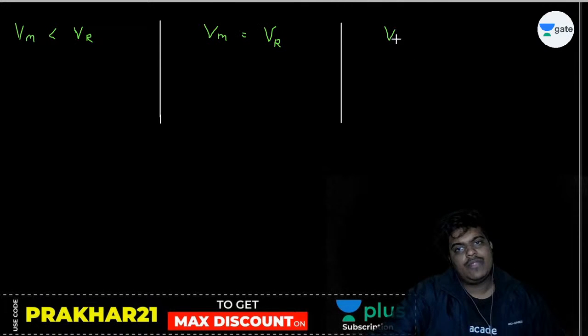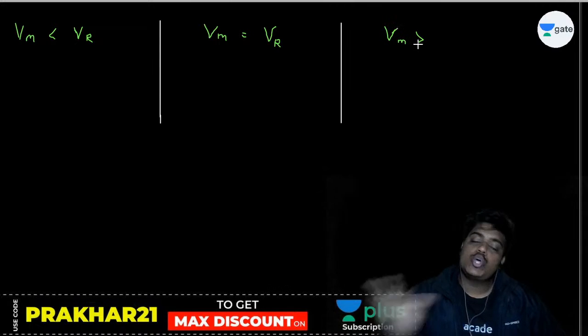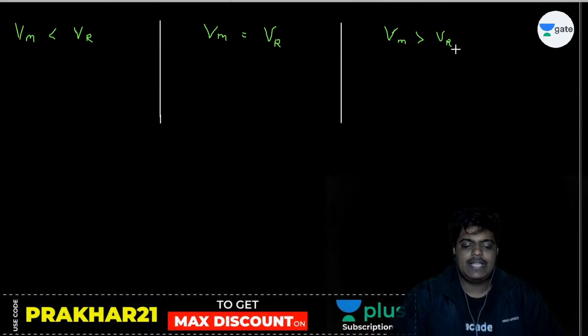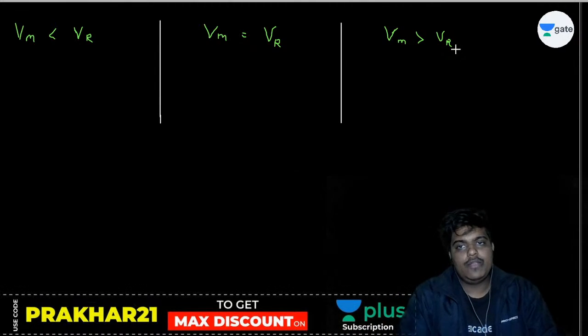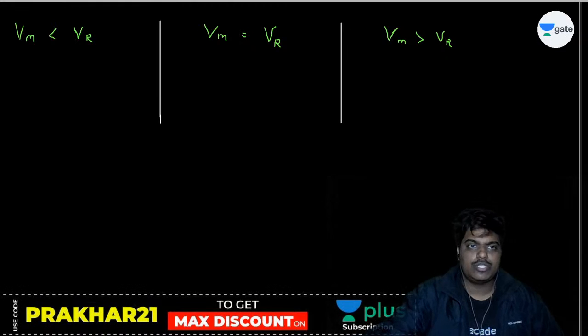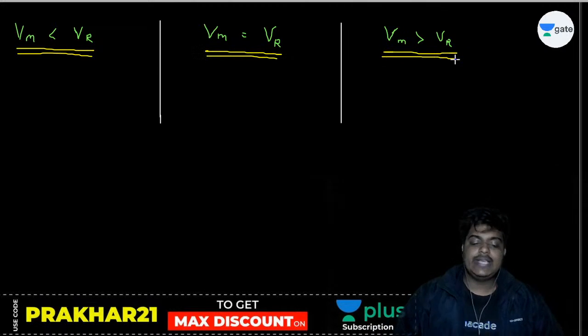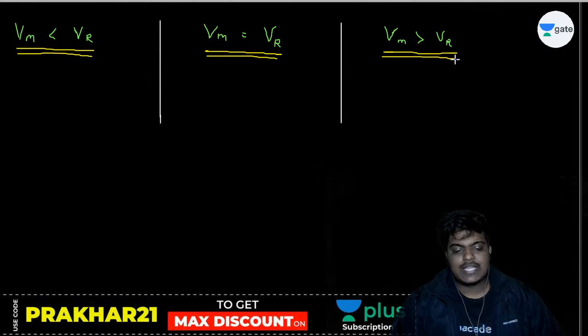And the third phase will be when the roll throws the material outward, and the velocity of material is greater than the velocity of roll. These are the three phases.